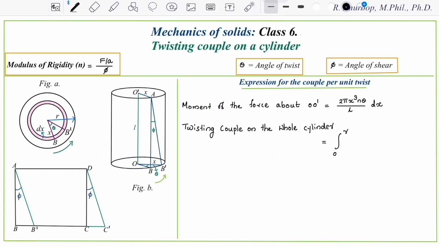The twisting couple is integral 0 to r of 2 pi x cube N theta by L dx, and that is equal to 2 pi N theta by L times x raised to 4 by 4 from 0 to r.